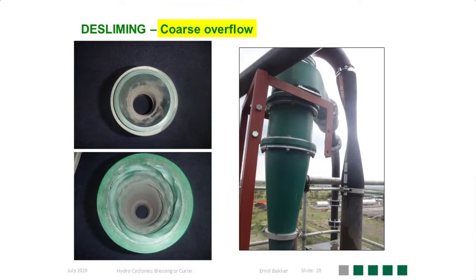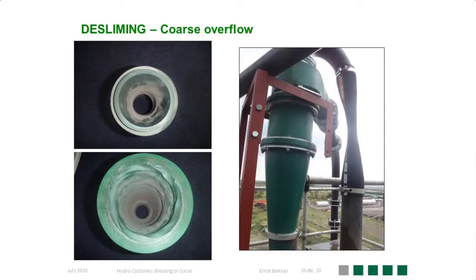Then there's the problem of having a coarse overflow. The picture on the top left hand side shows the view from the bottom end of a hydrocyclone. There's a nice taper, the spigot, everything looks fine, until you change your view and look from the top. The spigot has been inserted the wrong way. Therefore, it created an inward step just before the material exits the cyclone.